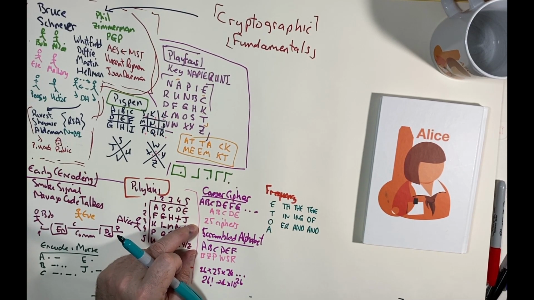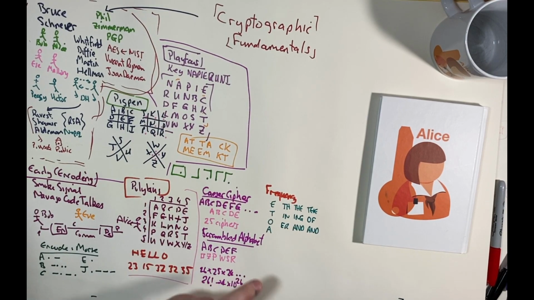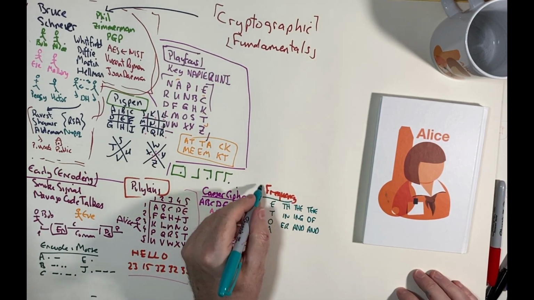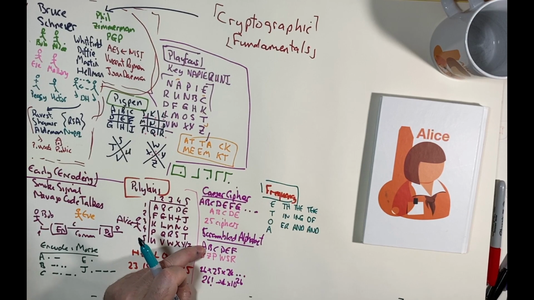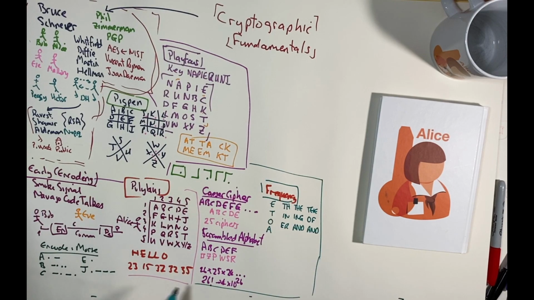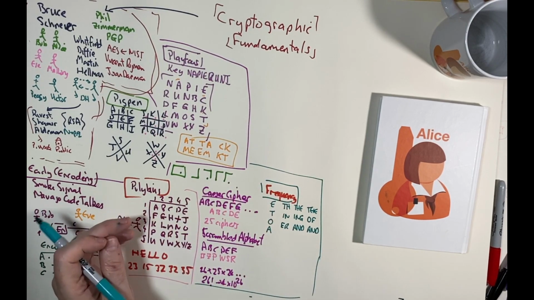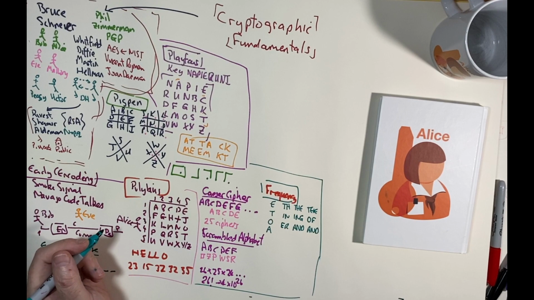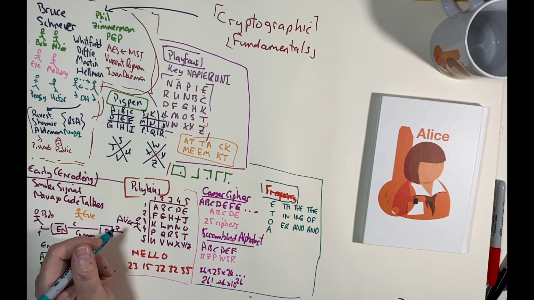And it won't take us too long to be able to do a frequency analysis and work out the mapping of this alphabet to this one. So this is known as frequency analysis, and it's an important technique inside our cipher cracking principles.